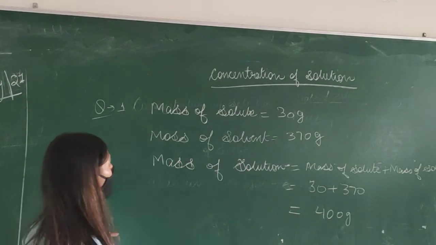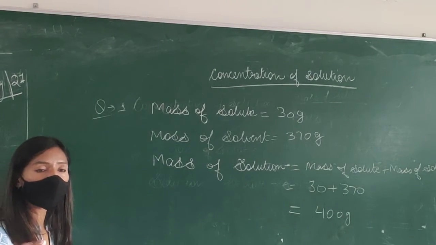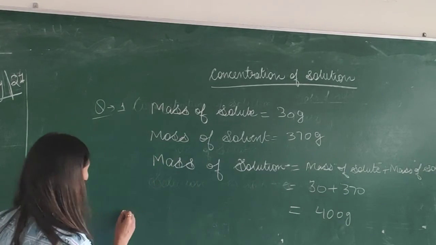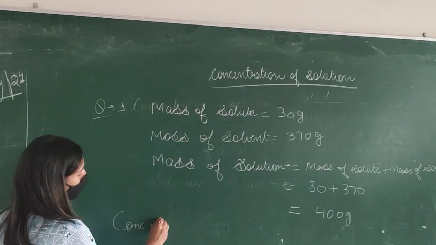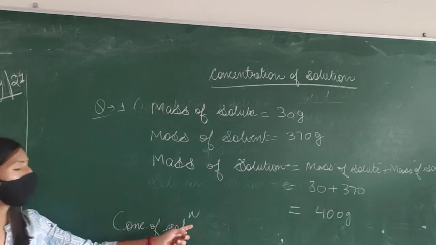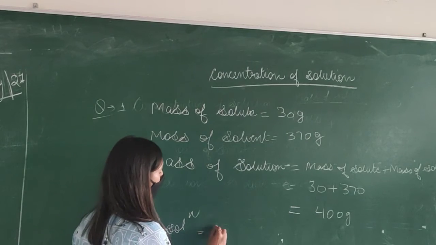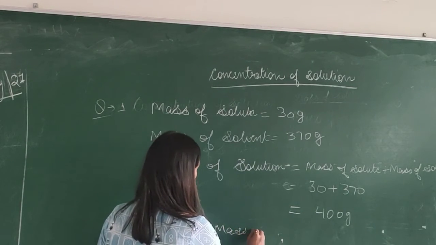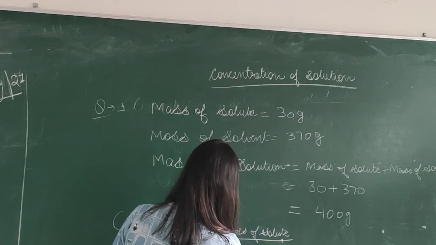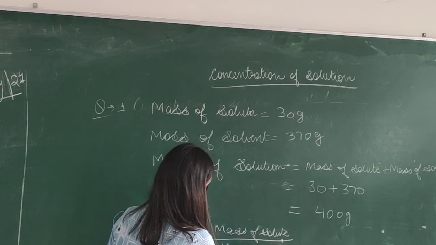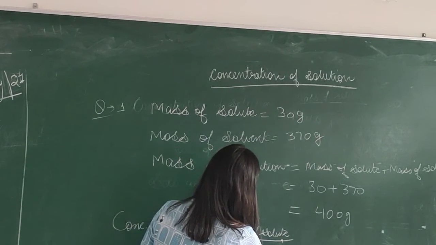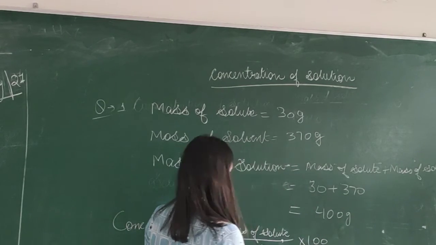Alright, now the formula of concentration of the solution, because we have to find out the concentration of the solution. So that will be concentration of solution, I am writing the initial C and SOLN for solution, equals mass of solute upon mass of solution into 100.